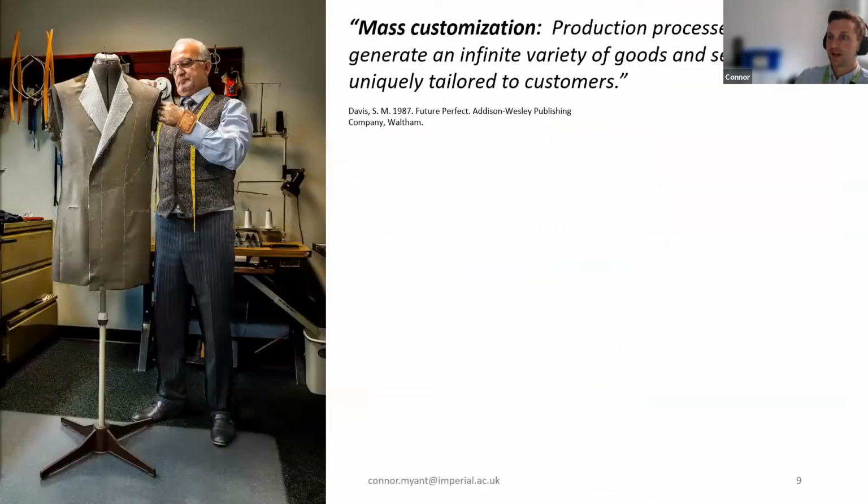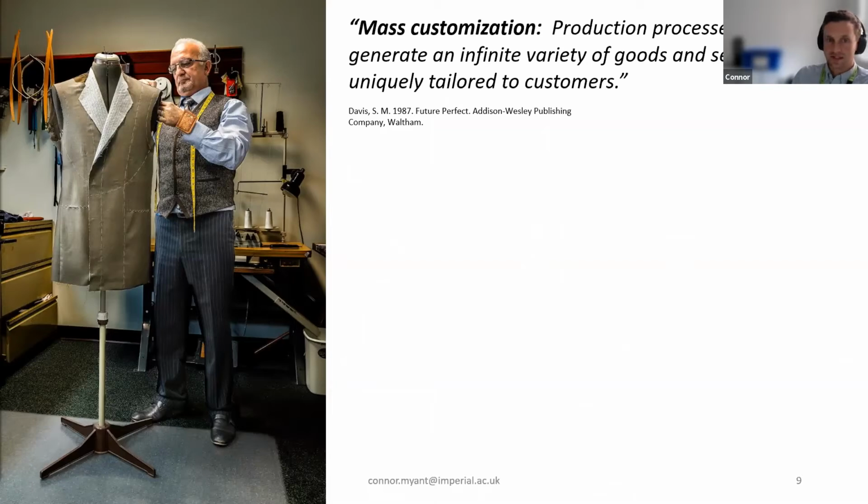And the phrase that I've used, and I'm going to keep using throughout the talk, is this concept called mass customization. And I want to give a definition to that so that hopefully it's clear for everybody.